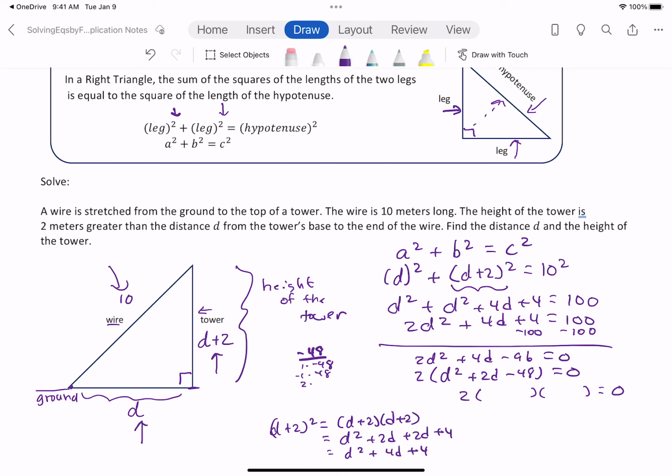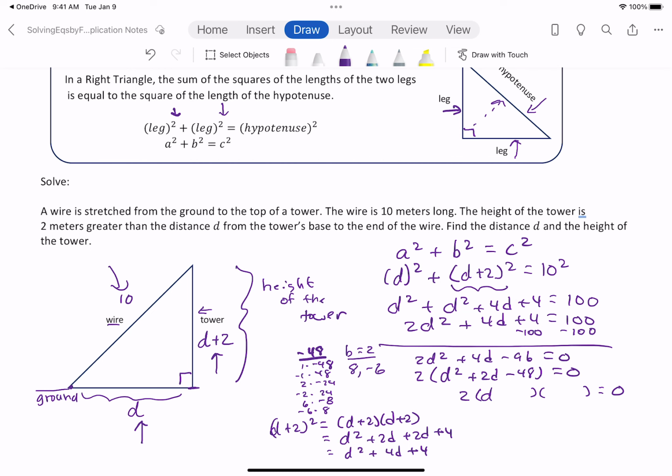That would be 2 times negative 24, or it could be negative 2 times 24. And you can keep going, 3, 4. The one we're going to end up needing is 6 times negative 8, negative 6 times positive 8. We're trying to get b equal to 2, right? So we're going to need positive 8 and negative 6.